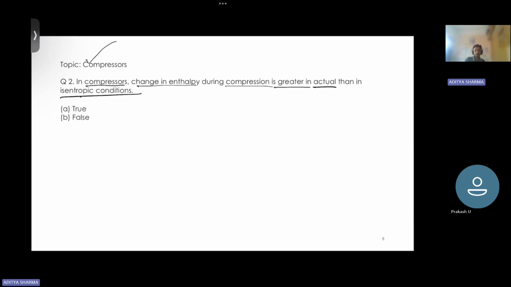The statement says that for the actual it will be greater, so this comes out to be a true statement. This statement is correct. So this is about turbines and compressors. Moving on to the next question.